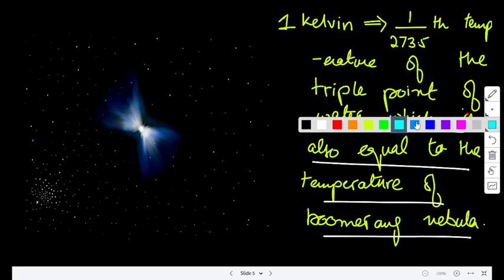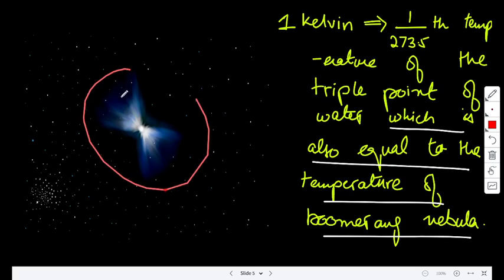A nebula is formed after a supernova. Supernova is the explosion of a star. When a supernova explodes, it starts to cool down. Its center cools down extremely. It is the coldest thing in the entire universe. Now this is the Boomerang Nebula.